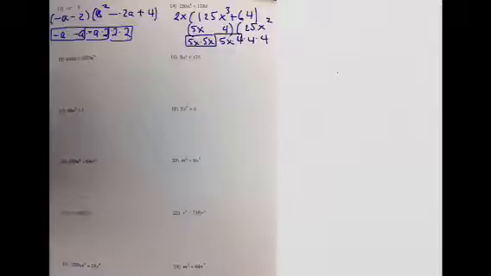And then the next one would be 20x. And then the last one here would be 16. So same sign as the original in the binomial, opposite sign, and always positive. And don't forget to put the 2x in the front, the GCF. Okay, so the final answer is this one right here.